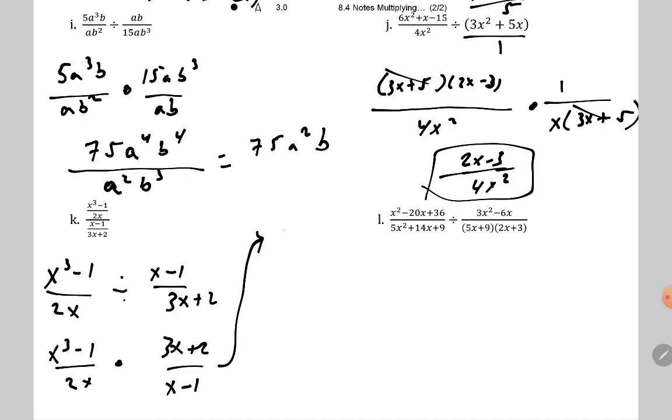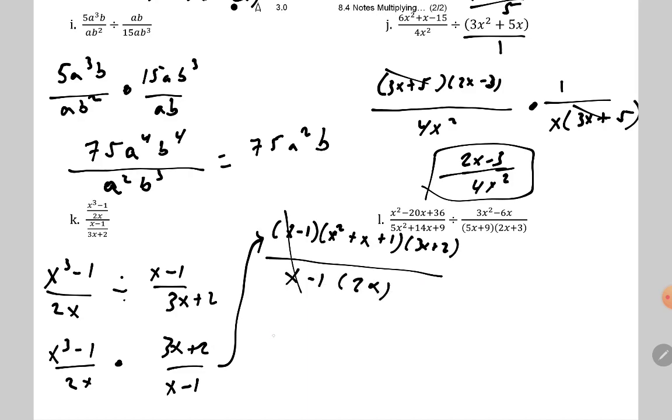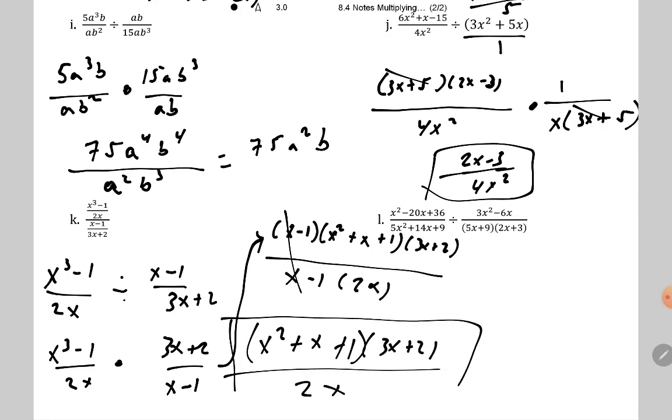So x cubed minus 1 is (a minus b) times the quantity (a squared plus ab plus b squared). And then we're going to tack on the 3x plus 2 divided by (x minus 1) times 2x. Those will cancel. I'm left with (x squared plus x plus 1)(3x plus 2) divided by 2x.